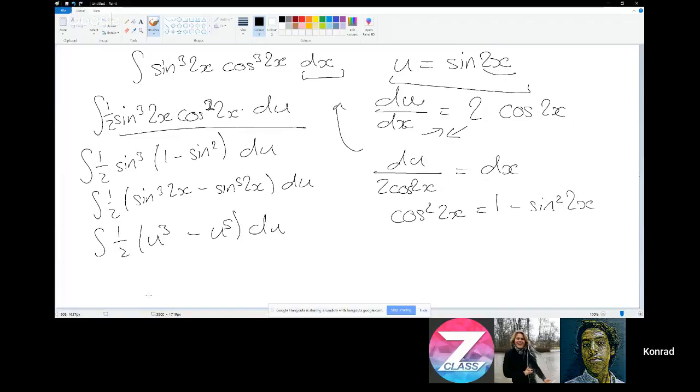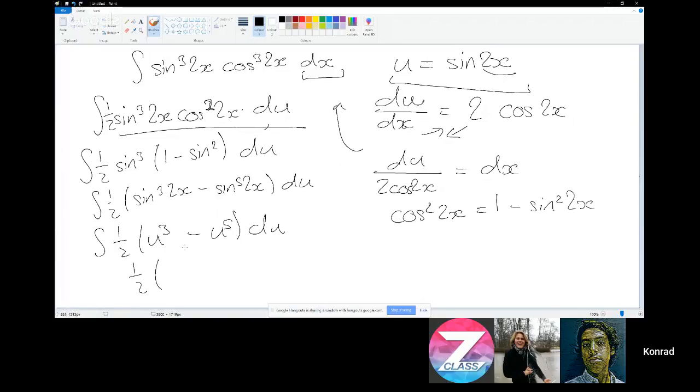If I was hearing you right, Kaneko, this is where you got mixed up again. We are now integrating polynomials. We have the half out the front still. If we integrate u to the power of 3, how do we do that? This is just add 1.